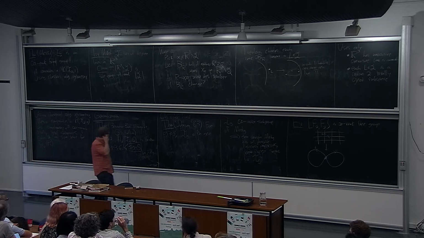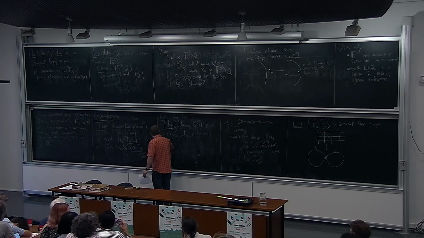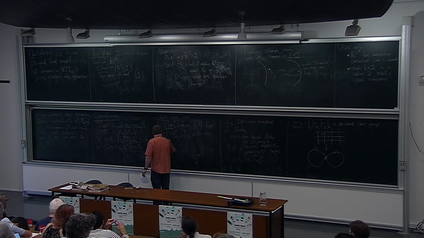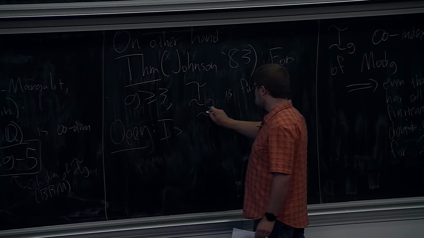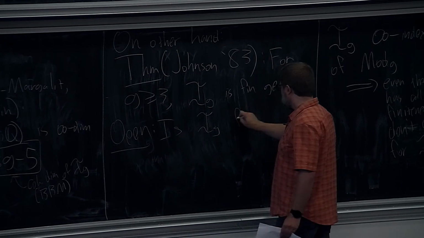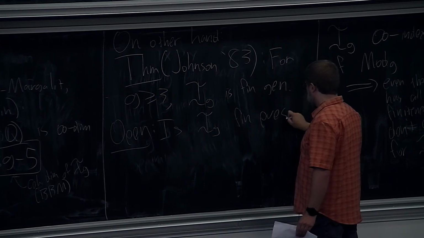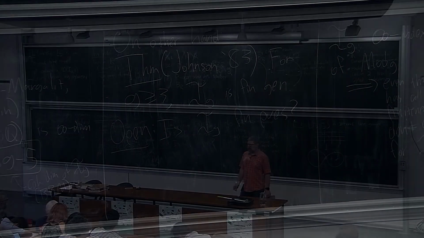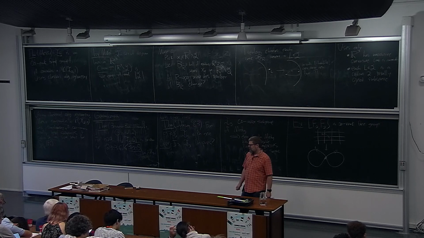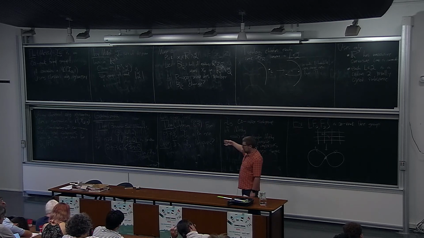Here's an open question. It's still open. Is the Torelli group finitely presented? That's a notorious open question. It's been open since the 80s. Really, it's been open since the 70s. I think Berman asked questions related to this even before we knew it was finitely generated.